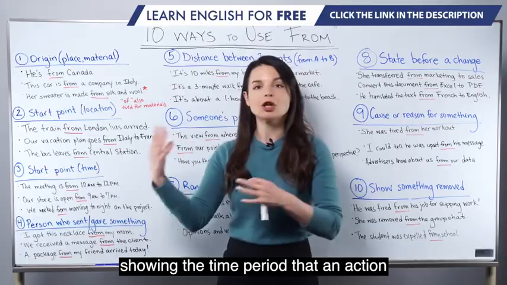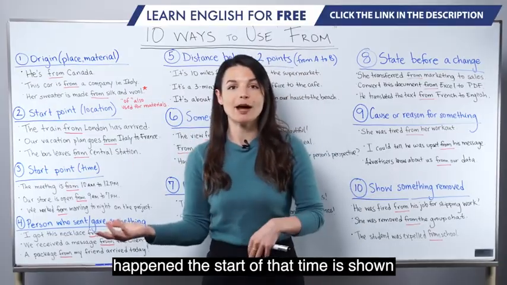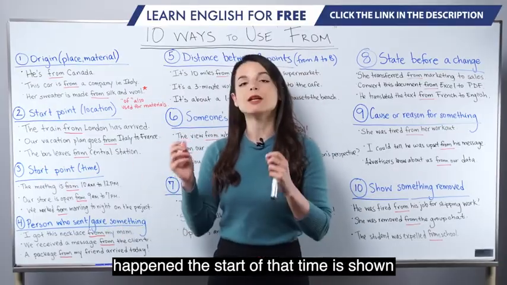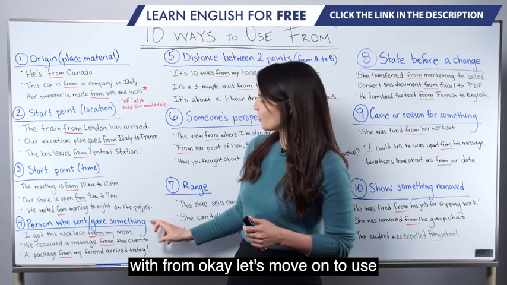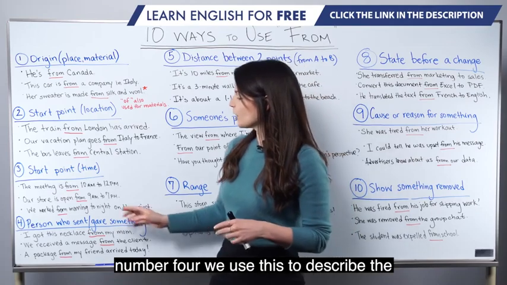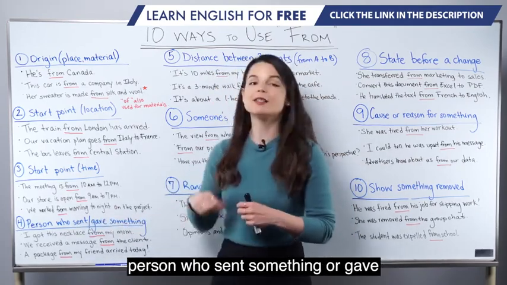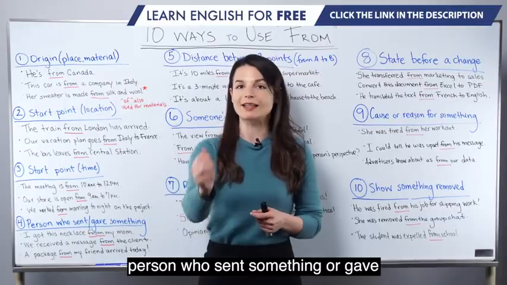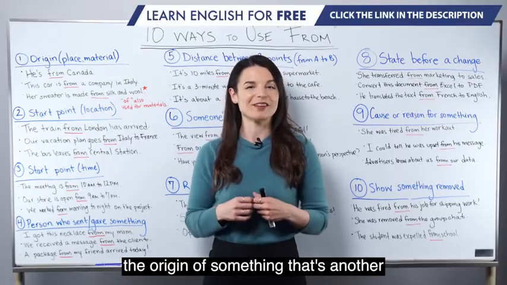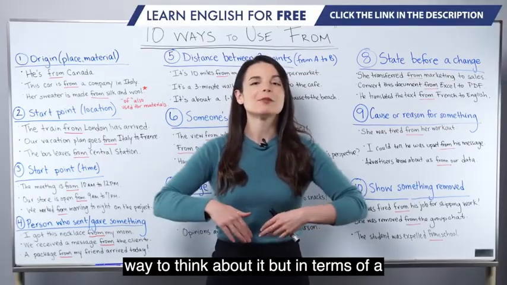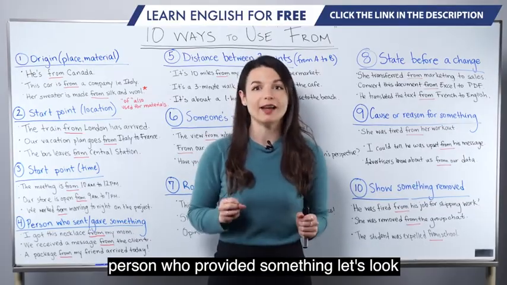So again, we're showing the time period that an action happened. The start of that time is shown with from. Okay, let's move on to use number 4. We use this to describe the person who sent something or gave something. So we're talking again about the origin of something. That's another way to think about it, but in terms of a person who provided something.